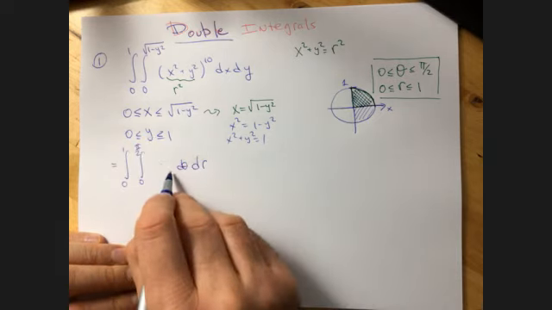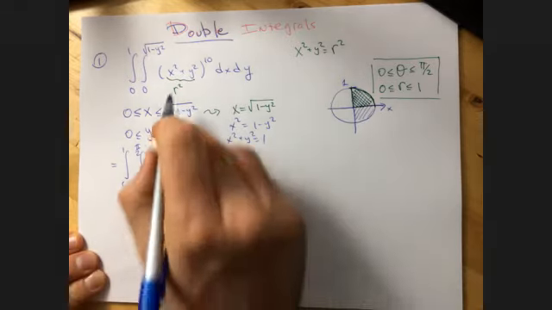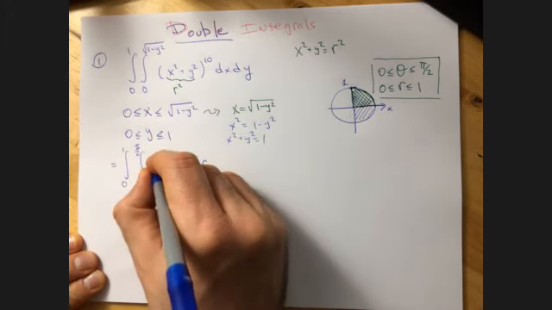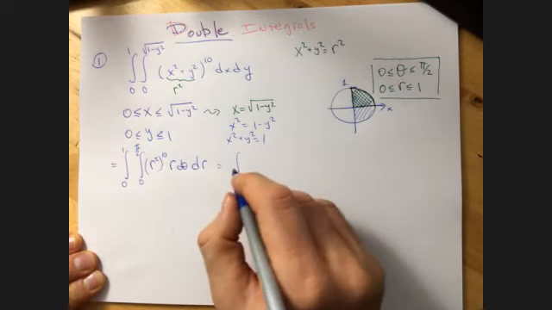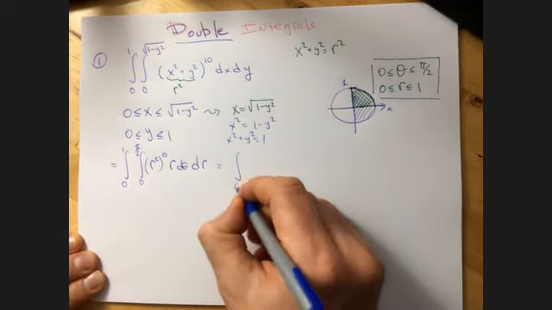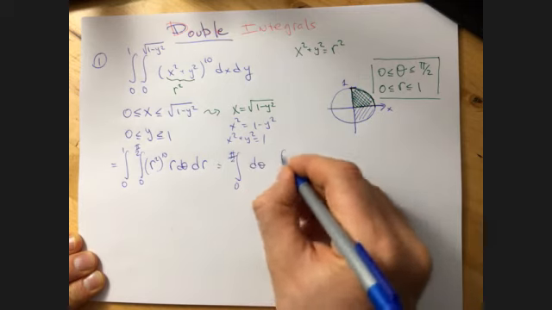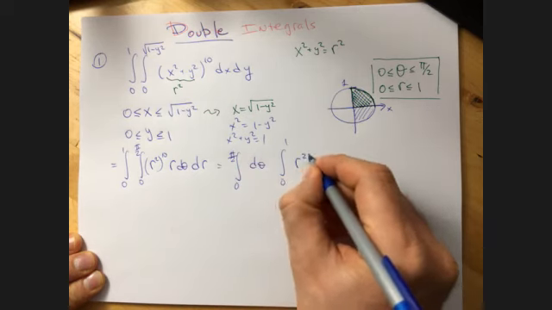Now, don't forget, when we change this to polar coordinates, I need to multiply by r, and then the integrand x squared plus y squared is just r squared, so that's r squared to the power of 10. And these are independent, so you can just write the integral from 0 to pi over 2 d theta times the integral from 0 to 1 of r to the power 21, right?